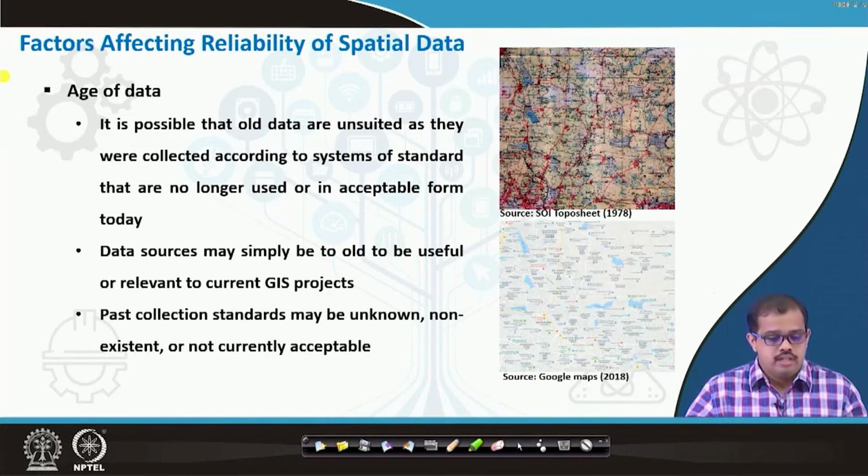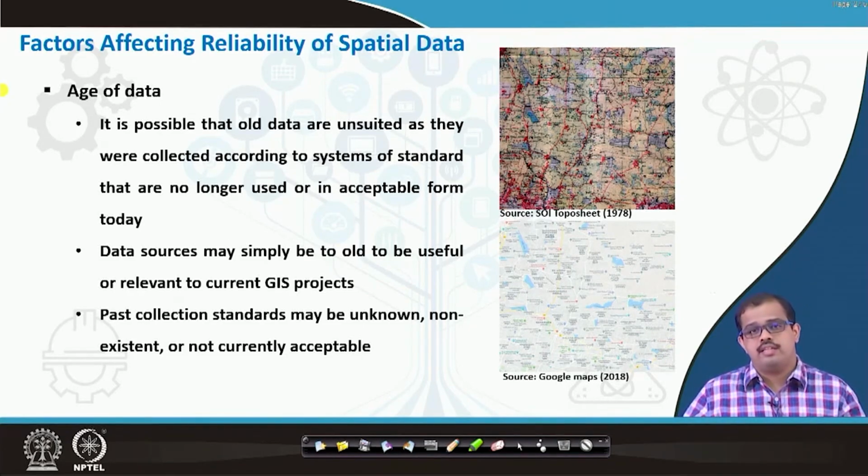Okay, it is possible that old data are unsuited as they were collected according to systems or standards that are no longer used or in acceptable form. It can be this issue, or it can be that old data may not be giving the information that is there today.